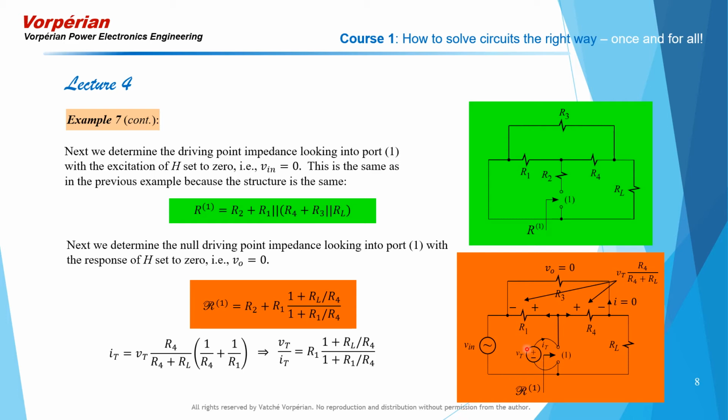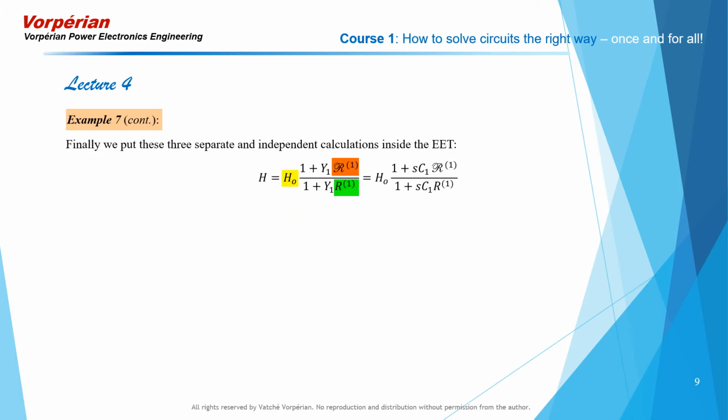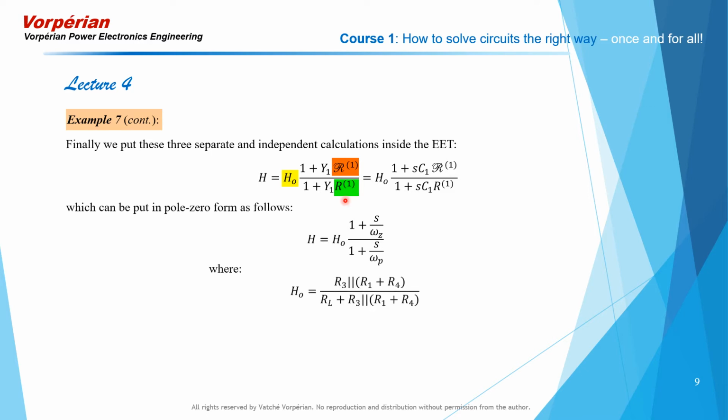And now we are going to substitute our three independent calculations in the expression of the extra element theorem and get our transfer function in factored pole zero form, in which H0 is given by the voltage divider, the zero is given by the reciprocal of the time constant formed by C1 and the null impedance looking into port 1, which results in this nice, meaningful, neat expression for the zero.